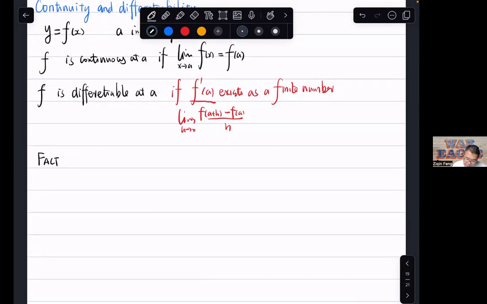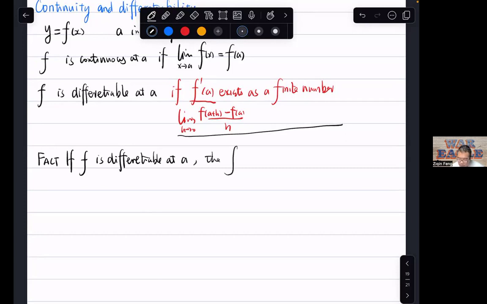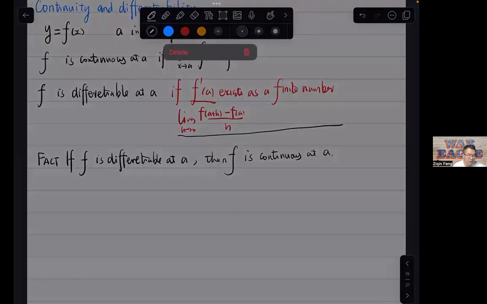If f is differentiable at a, meaning the derivative exists, then f is continuous at a. Differentiability implies continuity. Let me give you a very short justification.